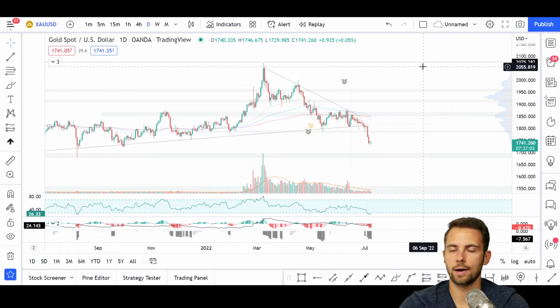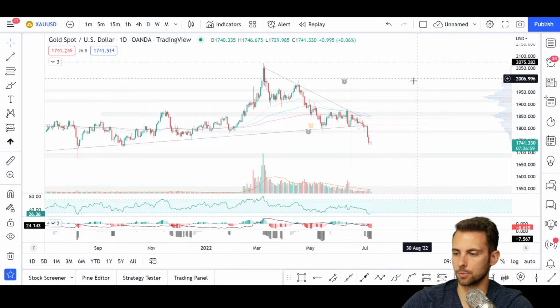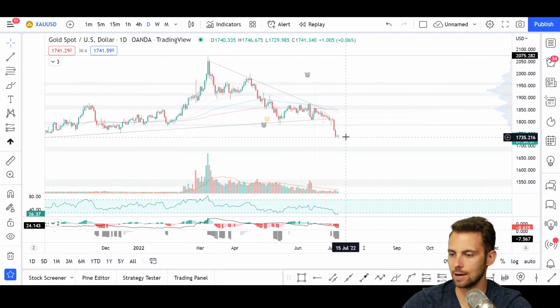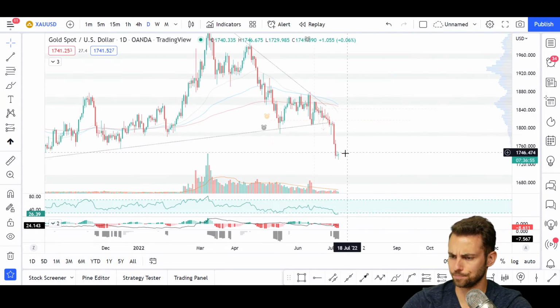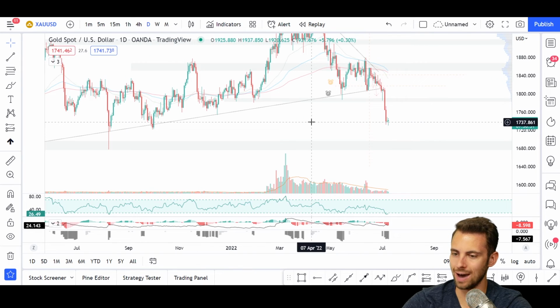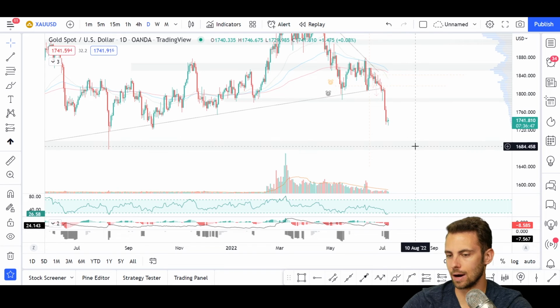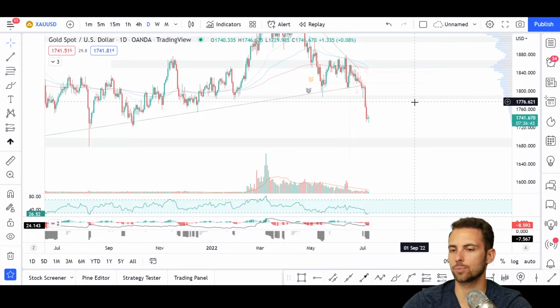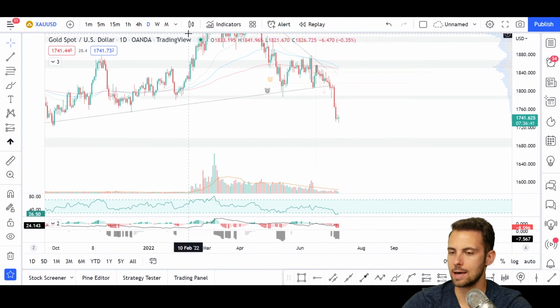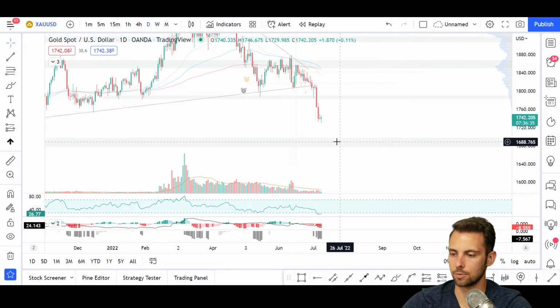In terms of XAU to USD, that is gold spot to US dollar, we can find that we have stopped with these doji candles right here on the way downwards. The 1680s area is just waiting for the gold, and it's a matter of time until gold gets down to this area.